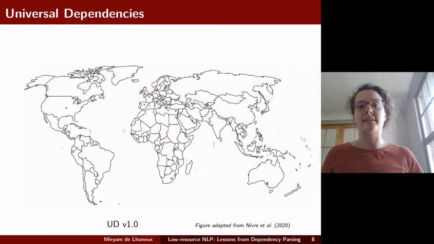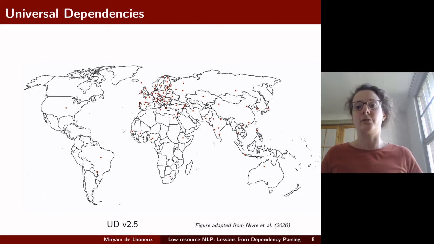One dataset that started out as not extremely diverse is Universal Dependencies. We can see that this was the first version, and this was very highly Indo-European biased. However, the situation has really improved in the last few years, and this is not even the latest release, and it keeps growing with more variety.